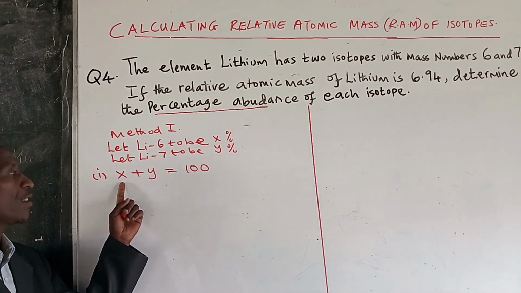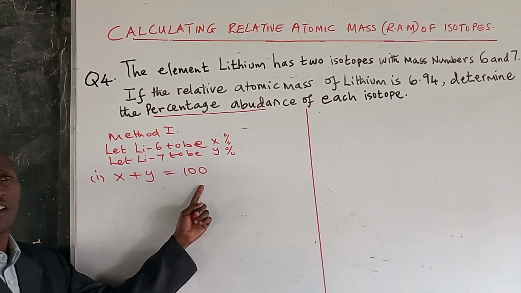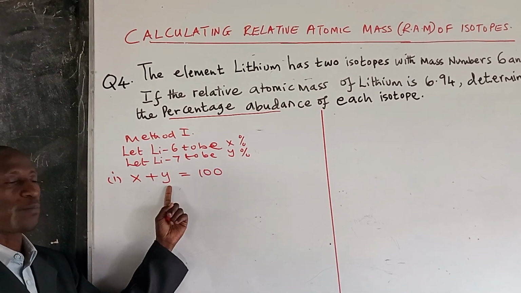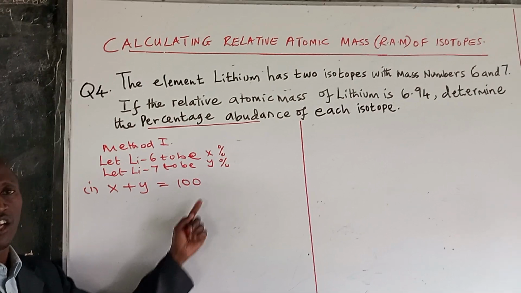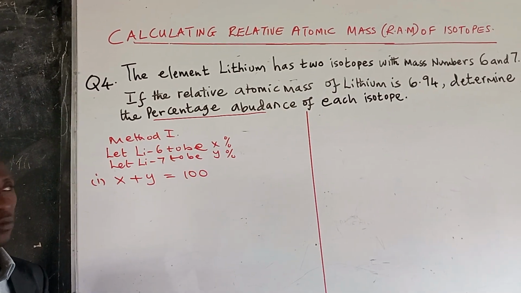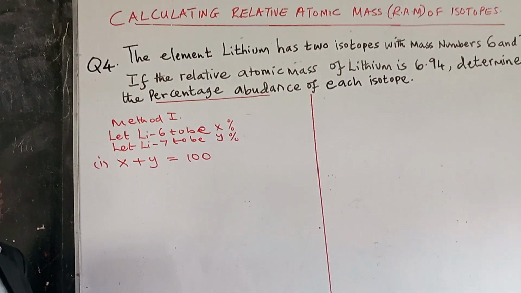We are saying 60%, 40%, total is 100. 75% plus 25%, total is 100. So that is the first equation we can get from here.